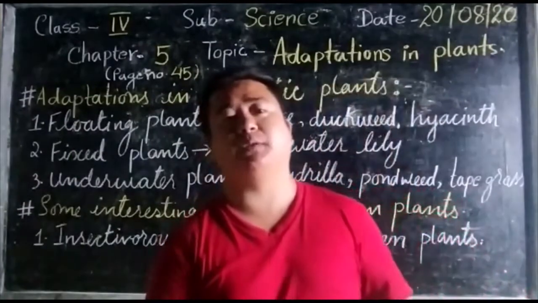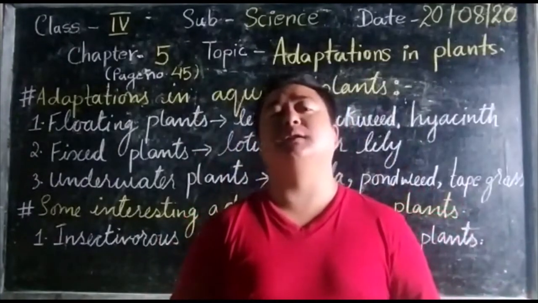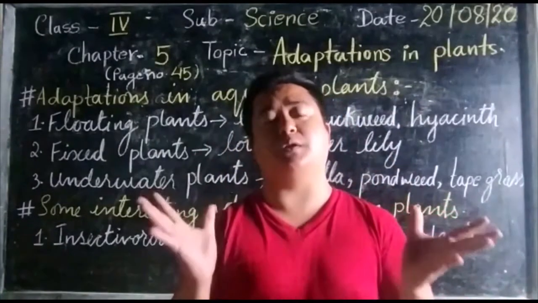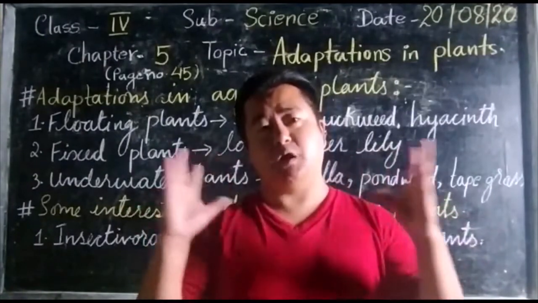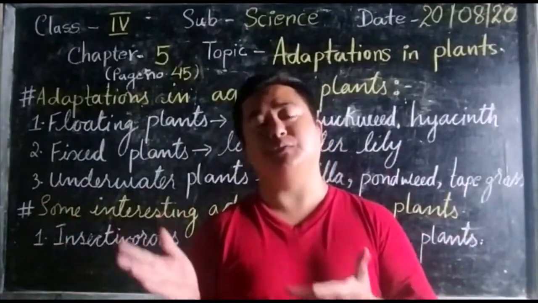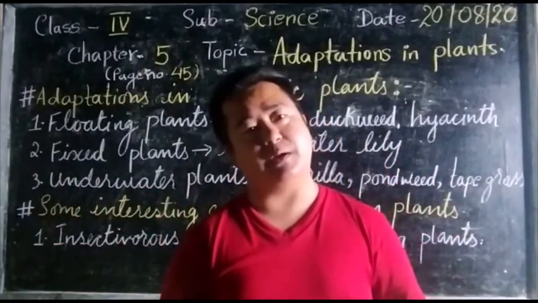As their roots are fixed, the leaves of these plants are very broad and occupy a large space, and it helps them to float on the surface of water.